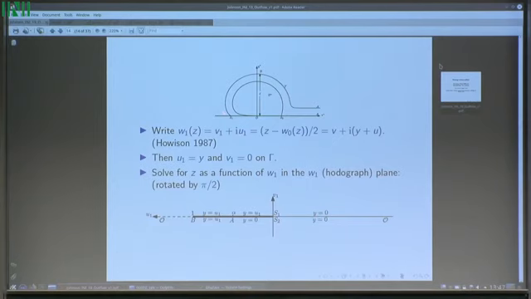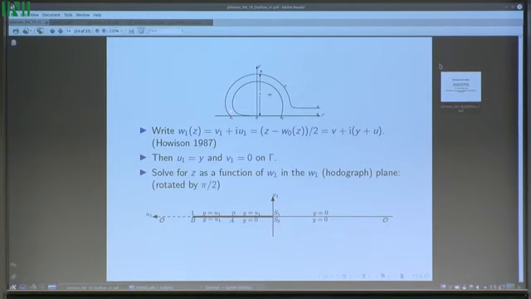Then we start moving up gamma, but on gamma, v1 is still 0, but u1 is y, so we've got y as u1. We move up until we get to the thickest point, and we've scaled that to be 1, y equals 1. And now we are on the positive side because inside here the velocity v1 is positive.